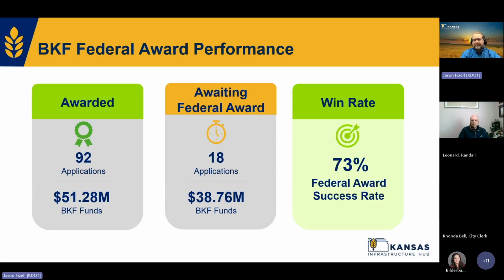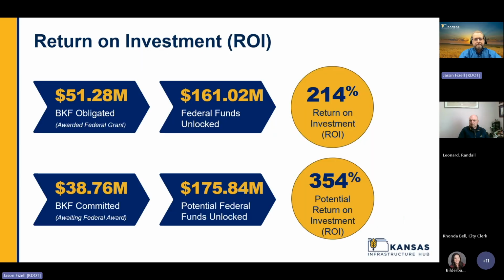So, and this slide doesn't add it up, I think one of my later ones does, but it's about $90 million of that 100 million that is currently spoken for. But we've had a great success rate, 73% of those that our local and county partners have submitted have been federally awarded.